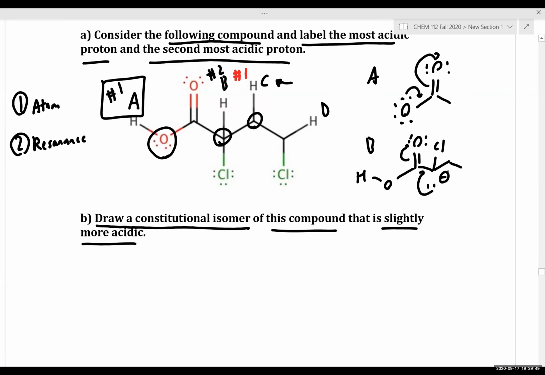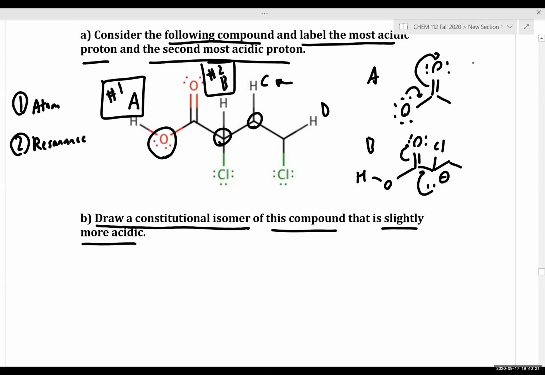Just like was proposed by one of the students in the chat, is proton B relatively acidic as a result of this stabilization of our anion? Can we stabilize the anion generated from B via resonance? Yes, we can clearly see we can delocalize this lone pair into our carbonyl functionality. So proton B being the next most acidic seems reasonable.